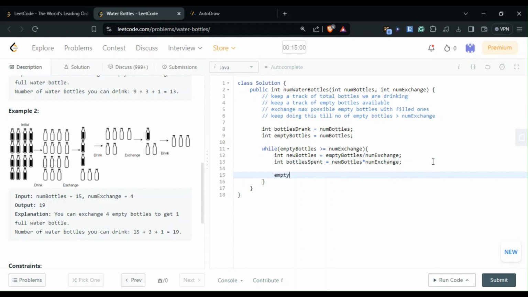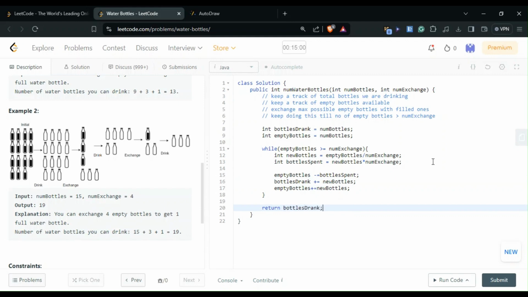So emptyBottles minus equals bottlesSpent, and bottlesDrank plus equals the new bottles that I got. And these new bottles again become empty bottles, so emptyBottles plus equals newBottles. Okay, this should be it.